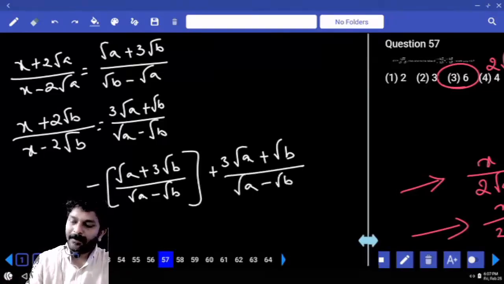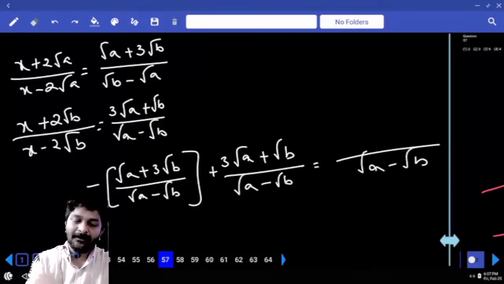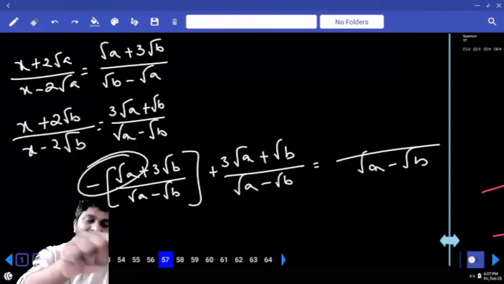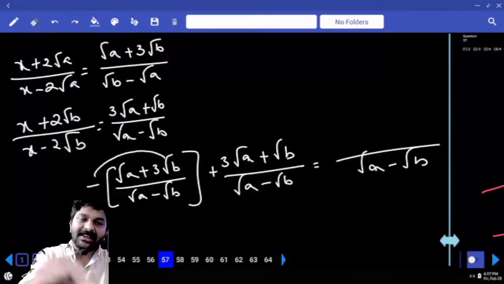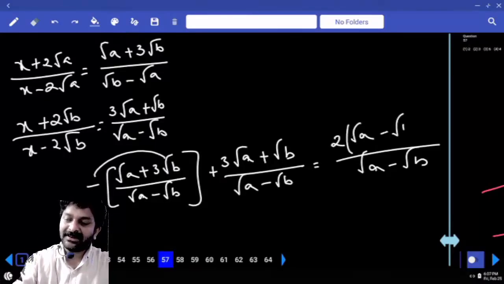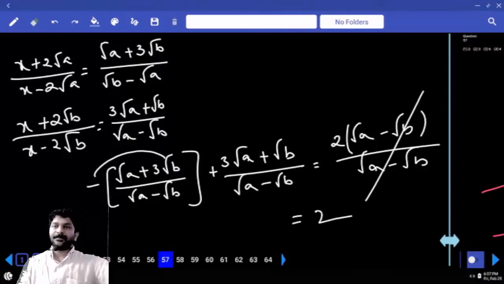Take the denominator root a minus root b common: minus root a plus 3 root a, that is 2 root a, minus 3 root b plus root b, that is minus 2 root b. Again you can take 2 common, then it becomes 2 of root a minus root b. This gets cancelled and the final answer is 2.